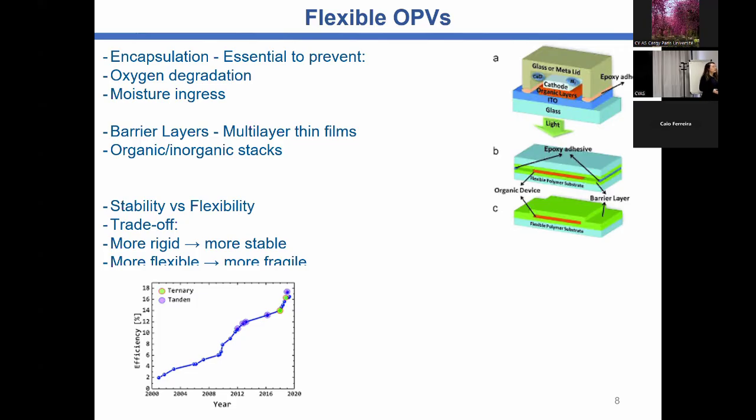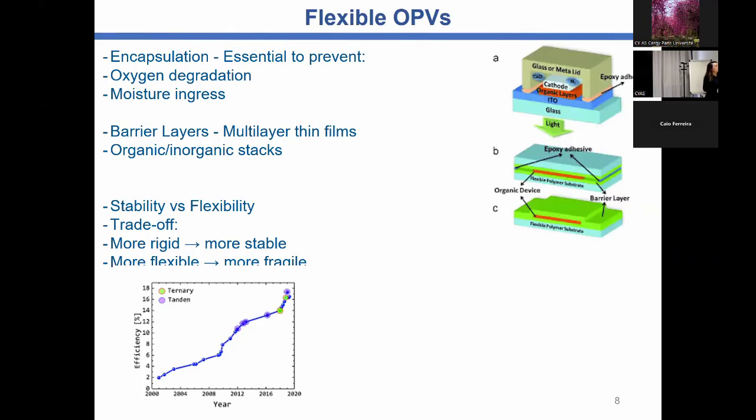So we know that oxygen and water can induce some damage in the stability of the materials that we use. Perovskite and organics can reduce the band gap or also increase the resistance of the materials. So encapsulation is one strategy to avoid the interaction of the material with the oxygen and also with the water.